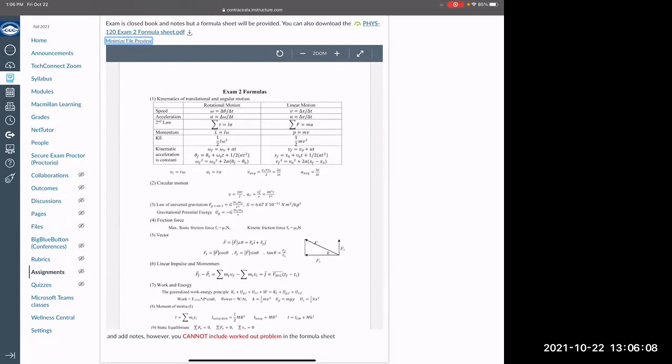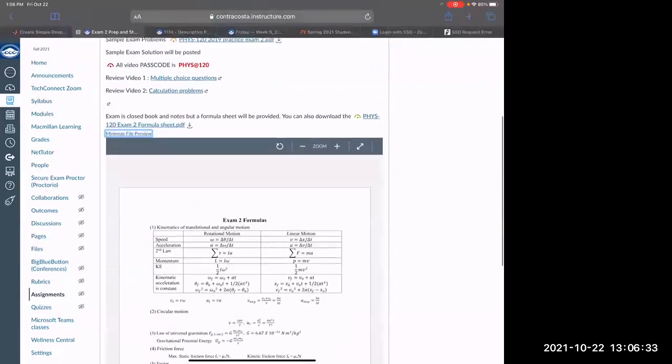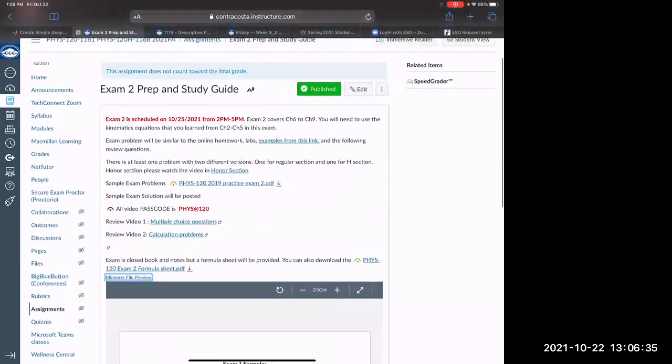You can see the first table, which has two sets of equations. One is for the rotational, the other one is for the linear motion. Linear motion is the topic that you learned from chapter 1 to chapter 5. Rotation is very similar to the linear motion. It just changes certain things. So here is the formula sheet that you can download before the exam.